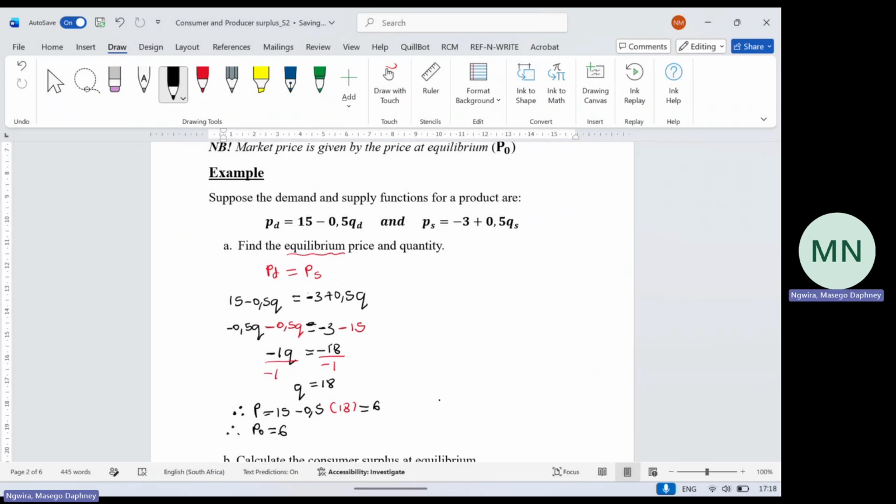And then it means that my equilibrium point, which is Q naught, P naught, will be 6 and 18. So that's my equilibrium point.